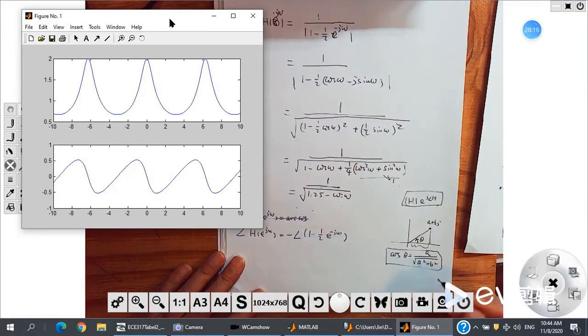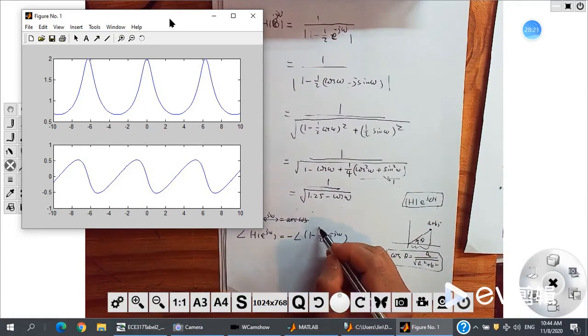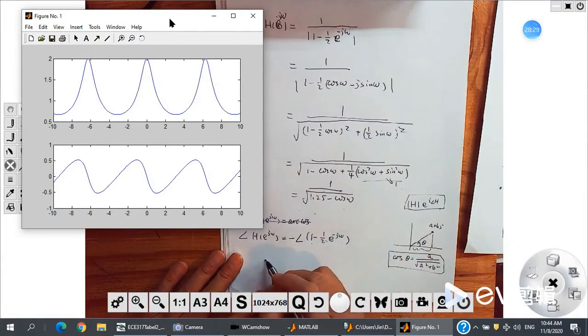You see, it's negative. This h is 1 over this, so the angle will be the negative of the denominator's angle. The angle is the negative of it, and this angle will be arc cosine of a, the real part.